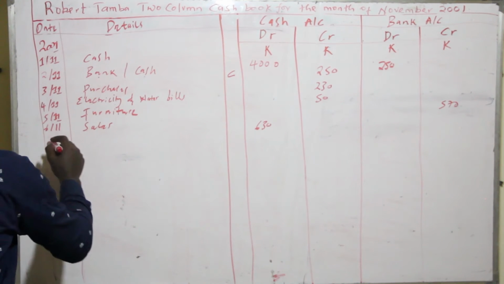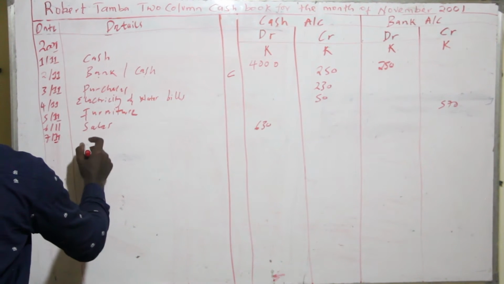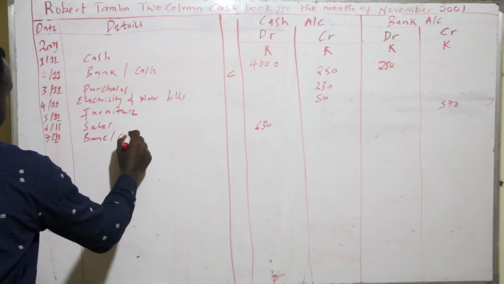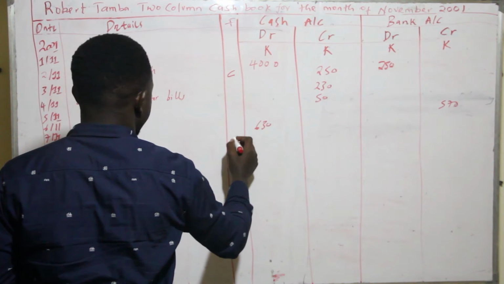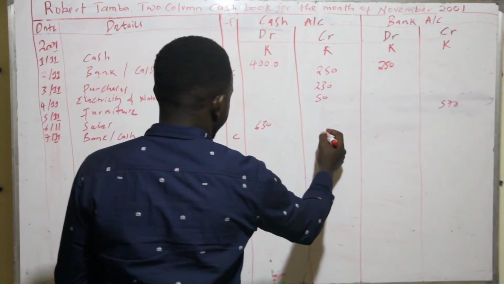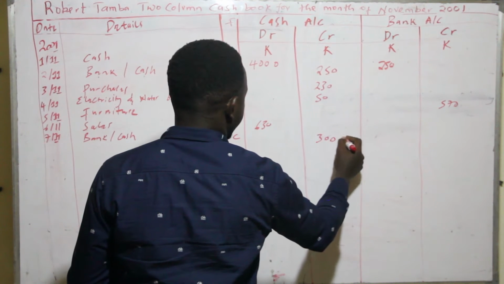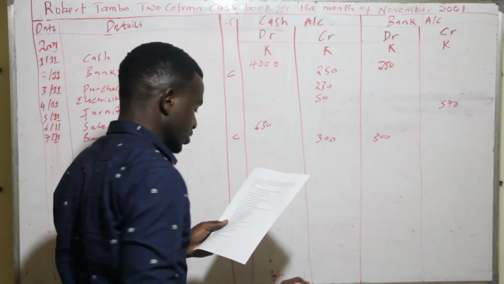So we'll say 7th of November, bank stroke cash. In our folio column, we'll say contra entry. We're going to credit the cash account by 300, and we're going to debit the bank account by 300.